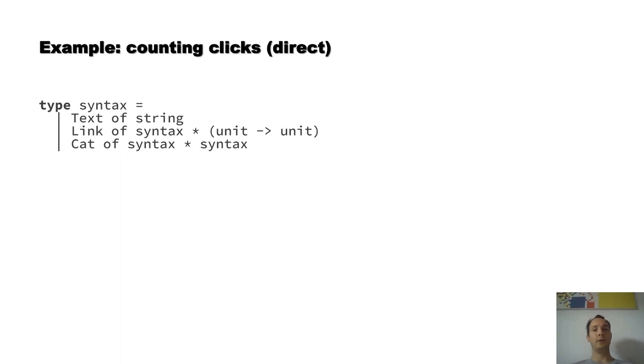Now an example. Our goal will be to count the number of clicks on an element, on a visual element. We will start with a simple syntax for the sake of the example. The text constructor displays some text on screen. The link constructor attaches a callback to an existing document, for instance when it is clicked, and the cat constructor concatenates two documents.